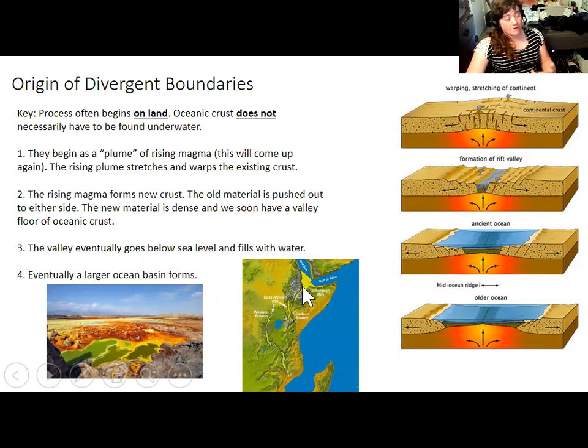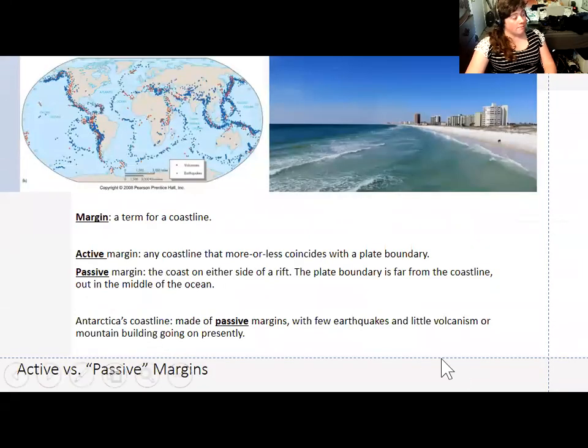So the Great Rift Valley in Africa is a really good example of how divergent boundaries and seafloor spreading actually often start on land, and then the ocean kind of follows once the crust actually drops down enough. Oceanic crust is denser and tends to sink into the crust more than continental crust, so that's part of why this happens. I'm only going to briefly mention this, but a term that you may want to be familiar with going forward is a passive margin.